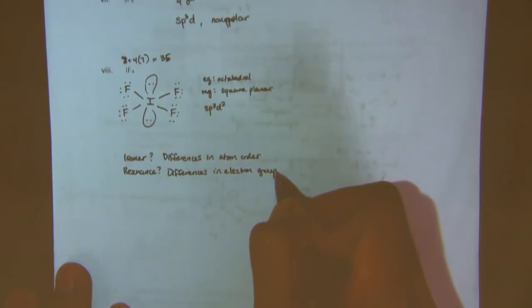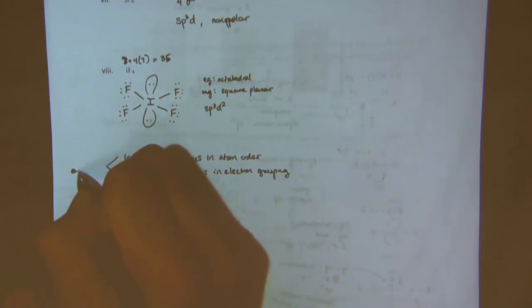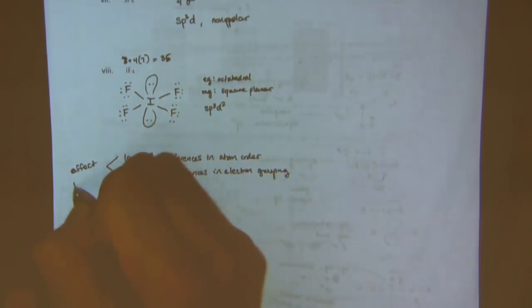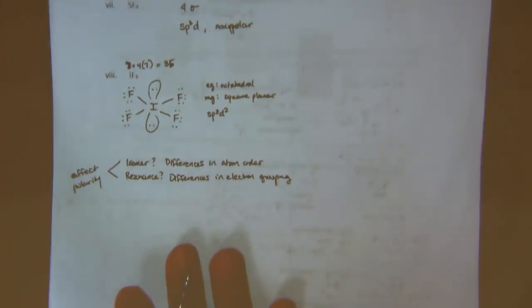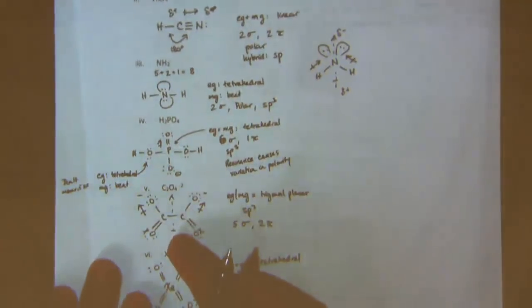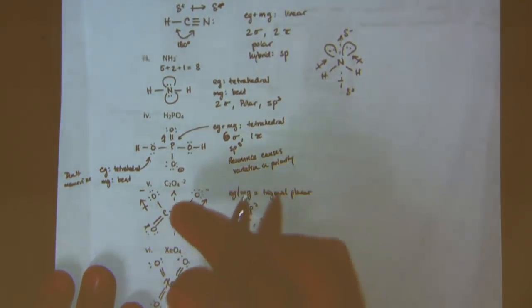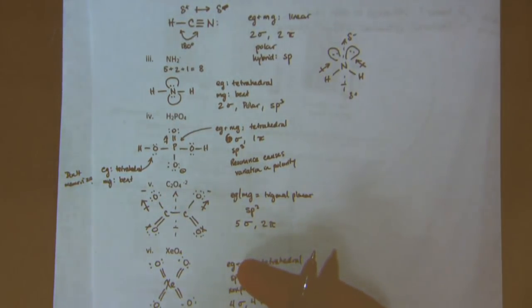And these two things would affect whether or not we have polarity. So in the other case where we had the carbon double bonds, we could shift where those double bonds are, and those would change whether or not it's polar. Okay?